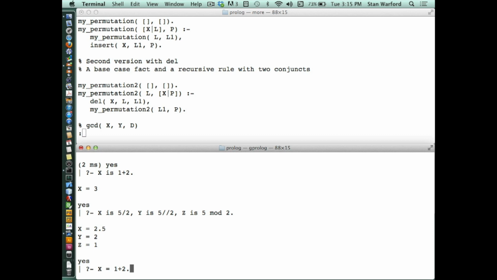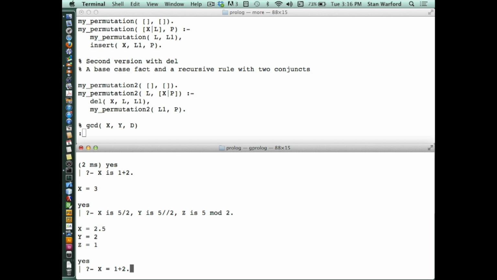No, we didn't define X. After the query is done, that's done. We start afresh with each new one. Oh, good point. So now, what do you suppose X match 1 plus 2 is?